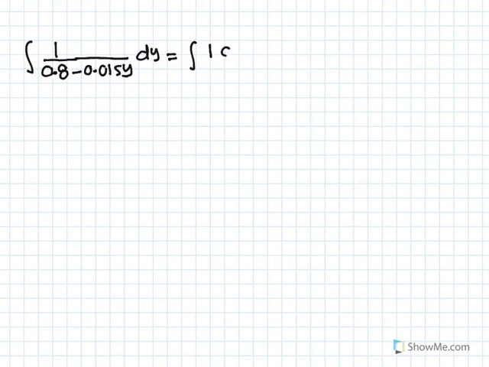All right, so we have the integral of 1 over 0.8 minus 0.015y dy is equal to the integral of 1 dt. We integrate both sides. We're going to apply u substitution. We will let u be equal to 0.8 minus 0.015y. Differentiate both sides, and we get du is equal to minus 0.015 dy.